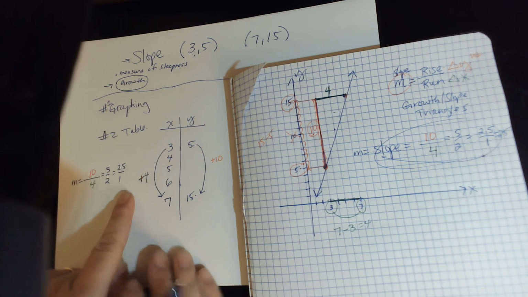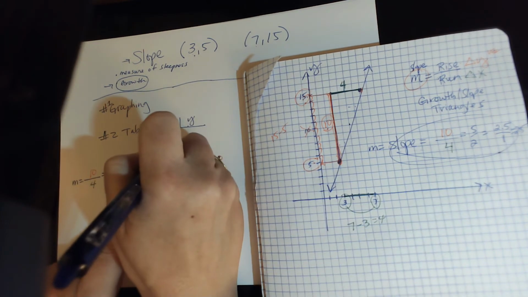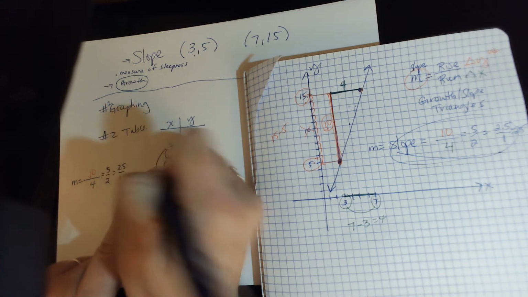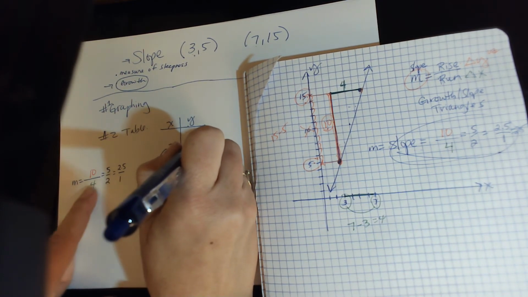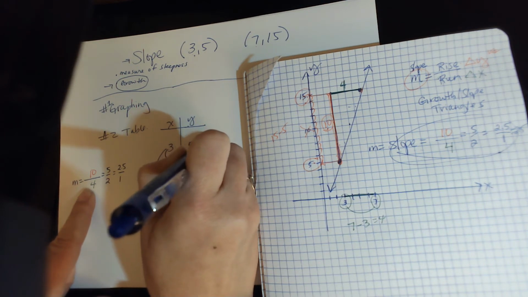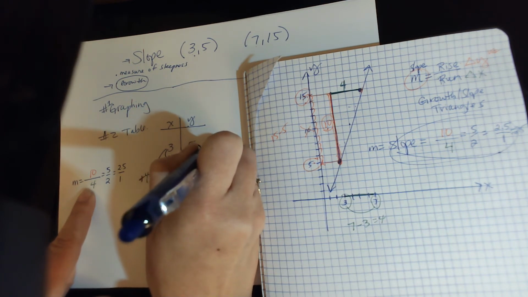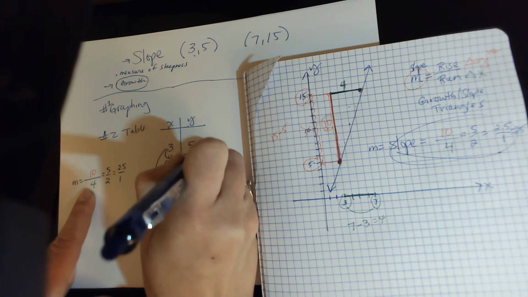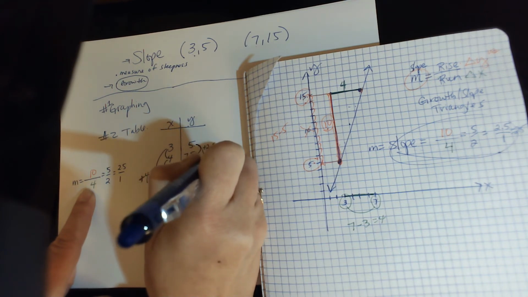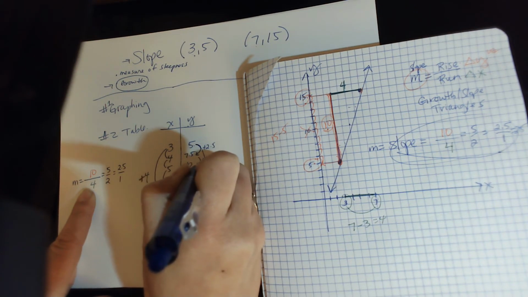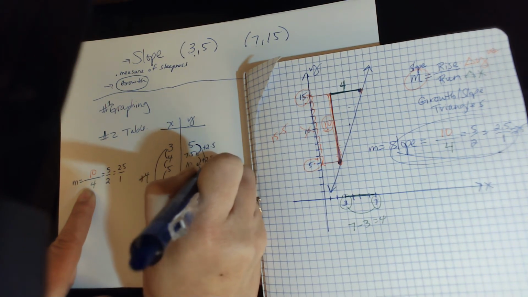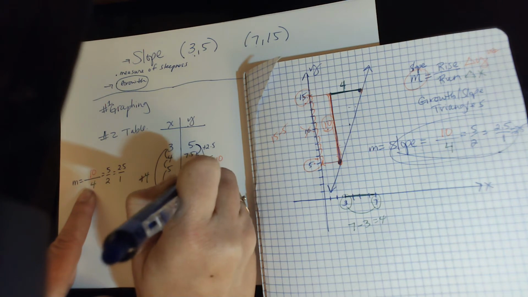So that 2.5, check this out. If I just want to move 1 along the x's instead of 4, I'm going to add 2.5, which is the same as 10 over 4. I'm going to add that to 5, and I'm going to get 7.5. I'm going to add it again, and I get 10. I'm going to add it again, and I get 12.5.